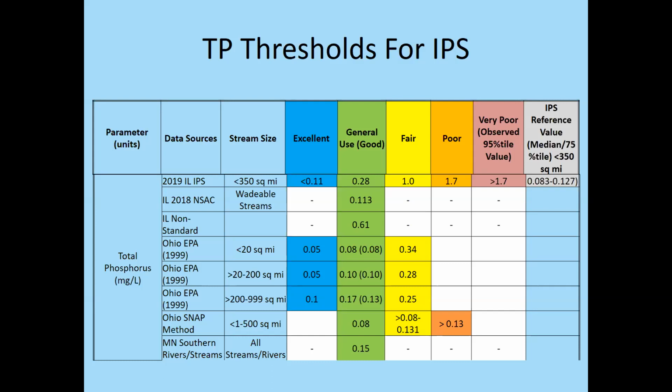The general use threshold corresponded with a breakpoint of 0.28 milligrams per liter total phosphorus. This table shows that value along with other values that will be in the documentation from the model, showing the data coming out from EPA and Ohio EPA and other sources.